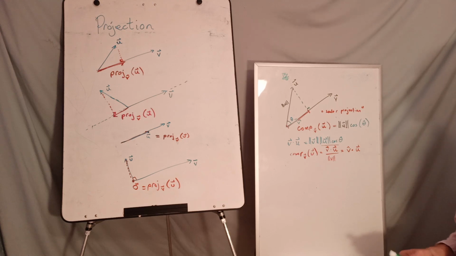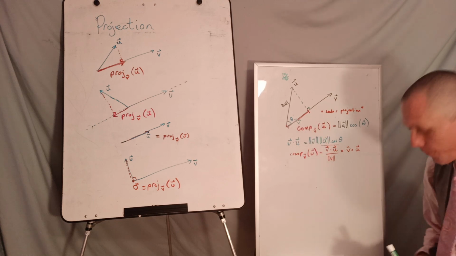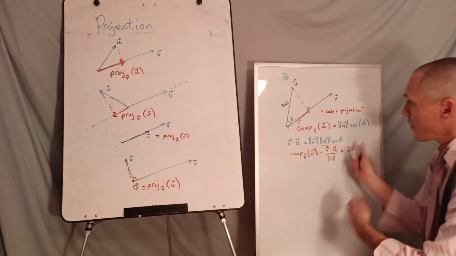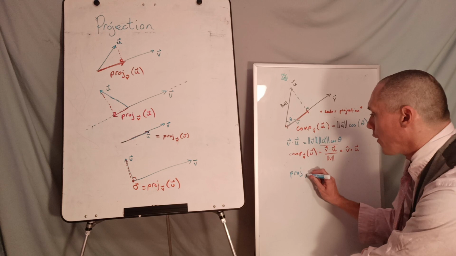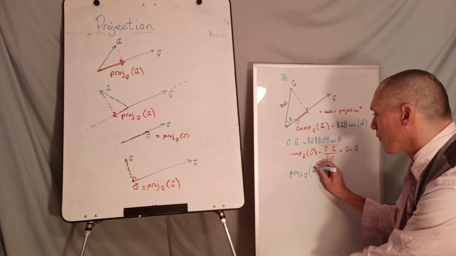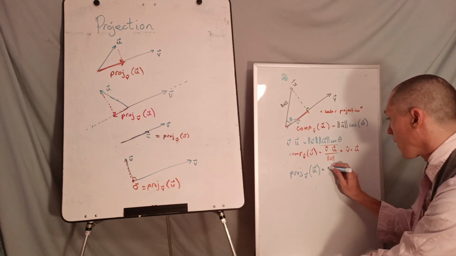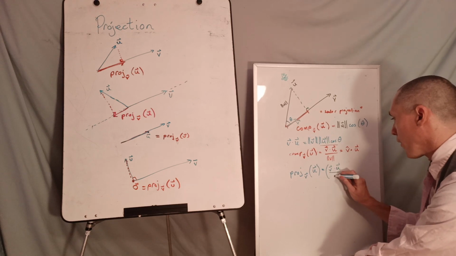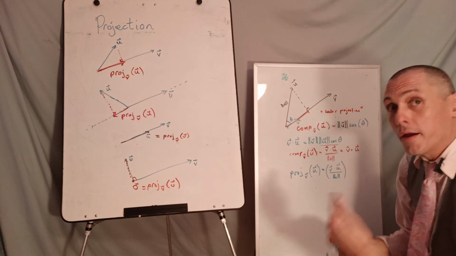So we're really close, because if I want to know how to scale v by this much, if I want to know what is the vector, what is the projection onto v of u, then all I have to do is take this amount, which is v dotted with u over the magnitude of v, and I need to scale v hat, which has length 1, by that amount.